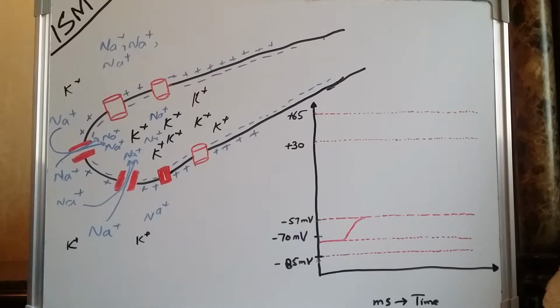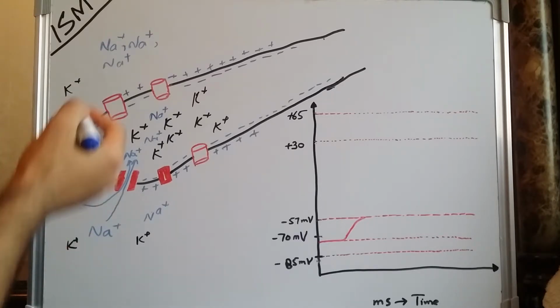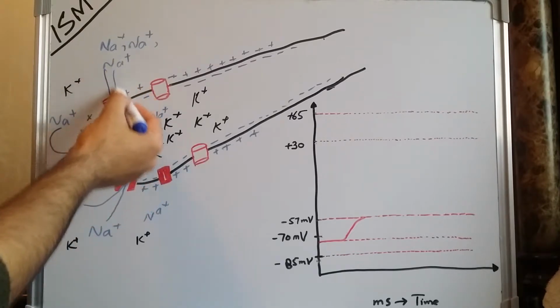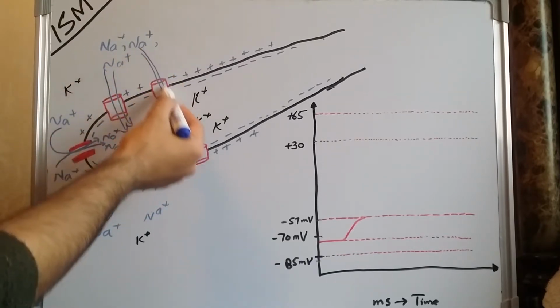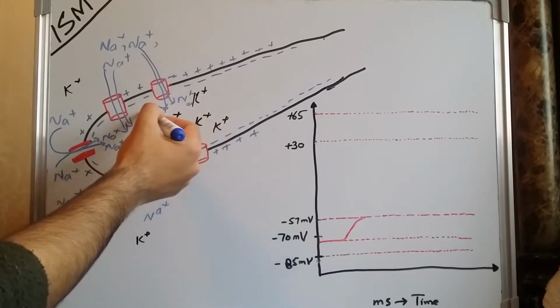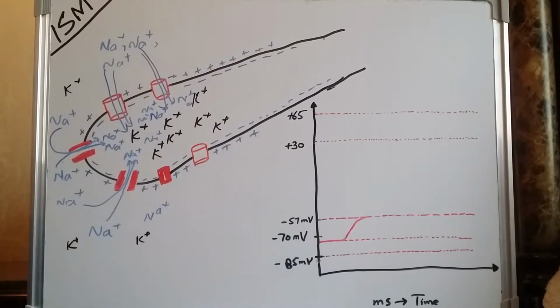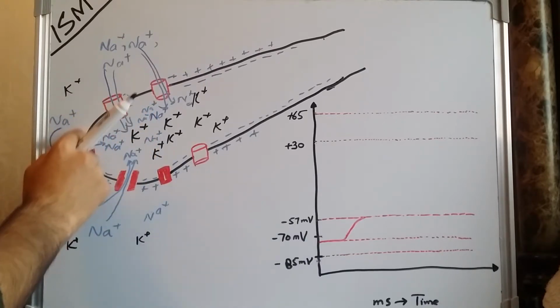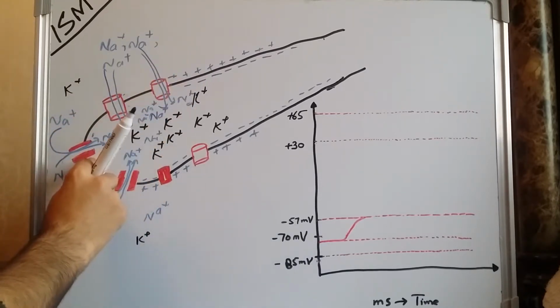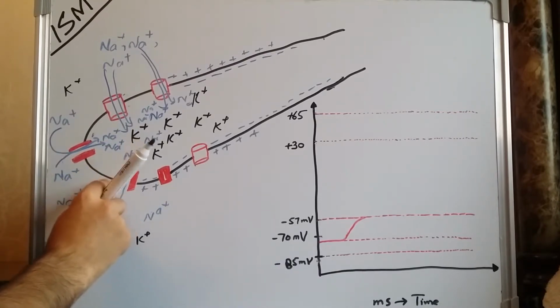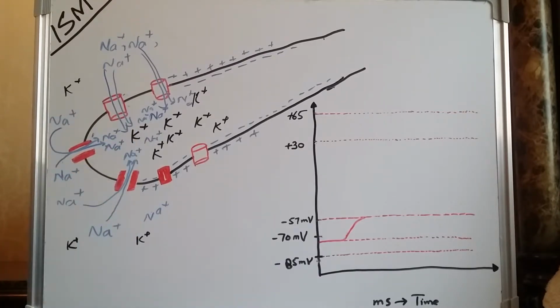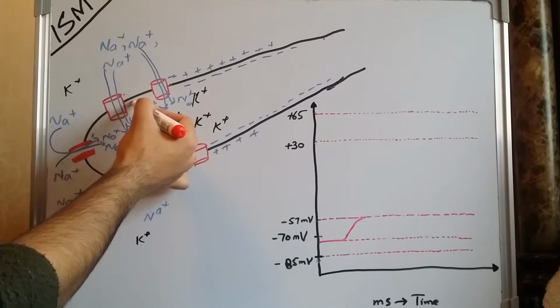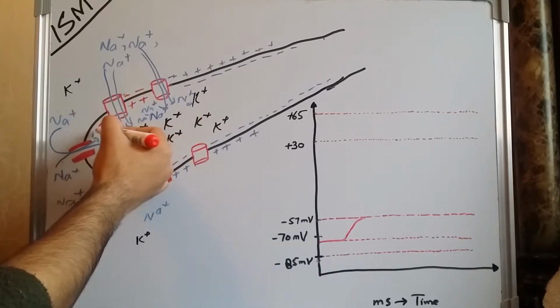Whenever these voltage-gated sodium channels open up, more and more sodium rushes inside. Due to the entry of a large amount of sodium, this area will change its polarity. In the beginning it was positive outside and negative inside. Now it has changed to positive inside and negative outside.